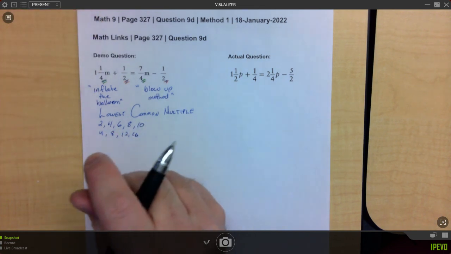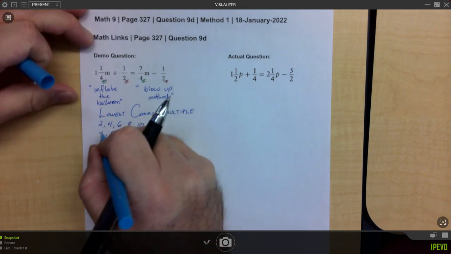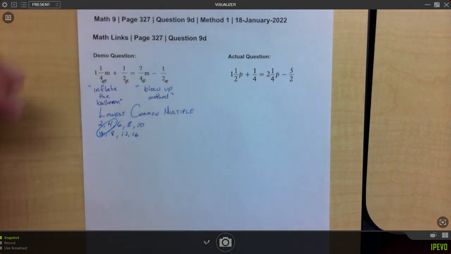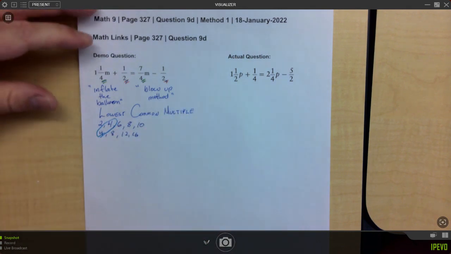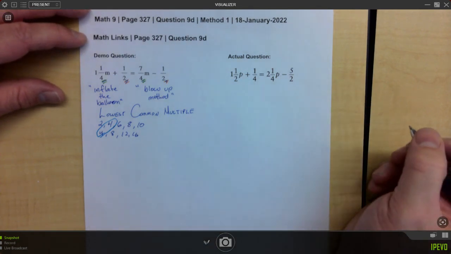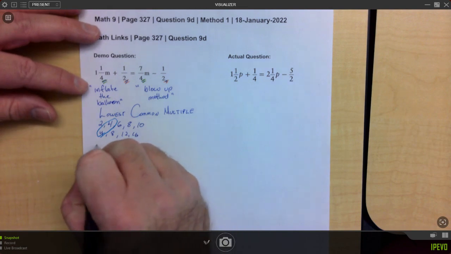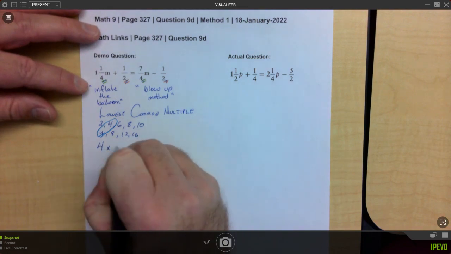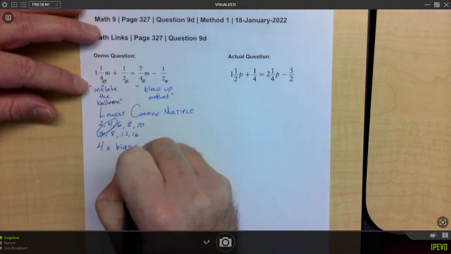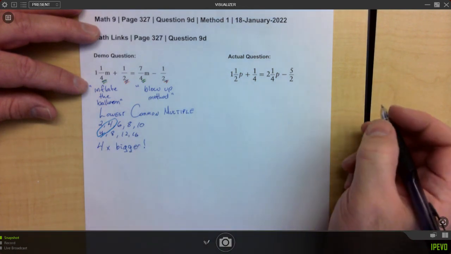Well, that should be fairly obvious. The lowest common multiple they have is a 4. So here's what we're going to do. We're gonna inflate this question. We're going to make this question 4 times bigger. And you can do this with any question that has fractions.